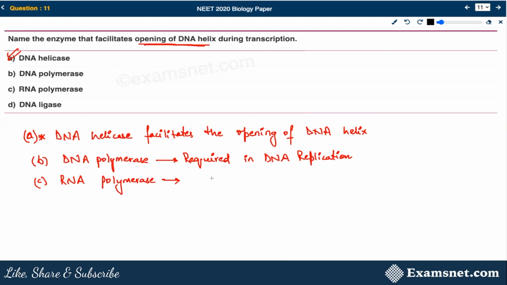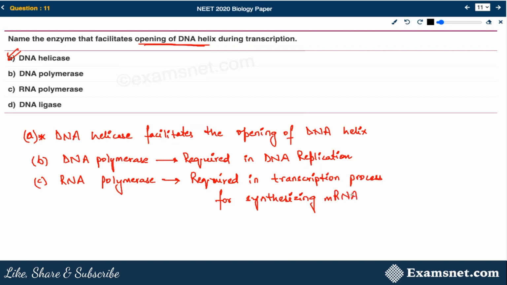So RNA polymerase is actually required in the transcription process for synthesizing mRNA, which is messenger RNA.